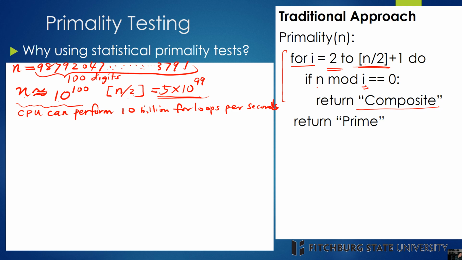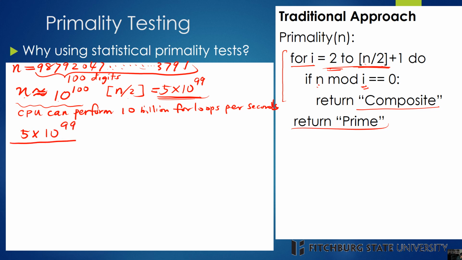Now, if none of the i can divide n, then I have to go all the way from 2 to half of n. So I have to complete the whole loop. That's the worst scenario. If none of them can divide n, then I return prime. So suppose n is actually a prime number, so I need to complete the whole loop. That's the total number of loops I need to perform.